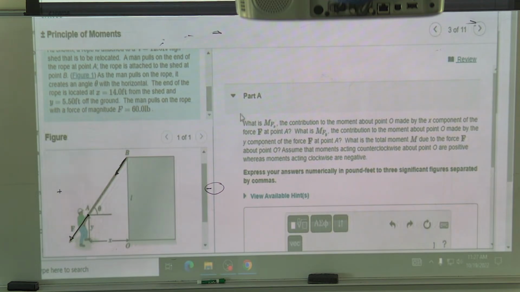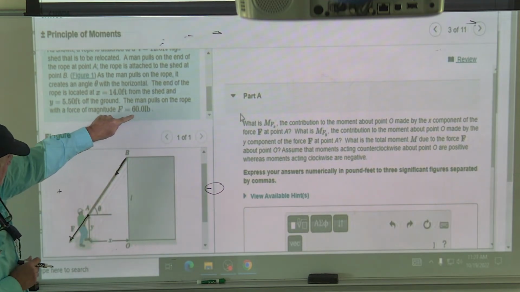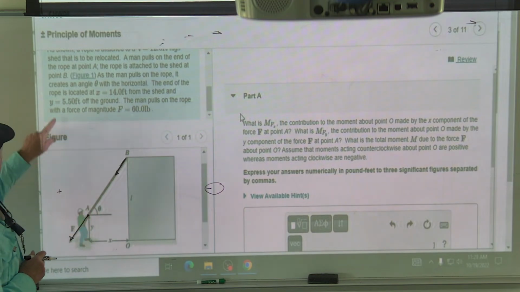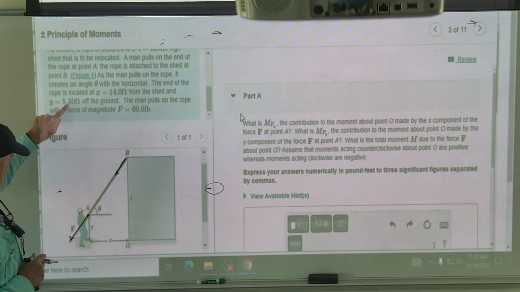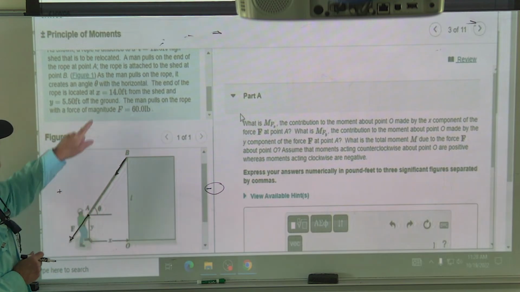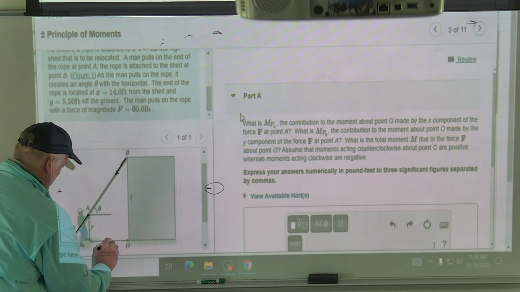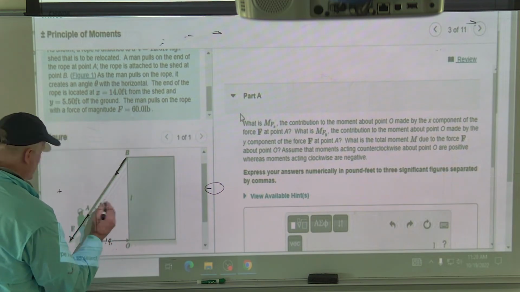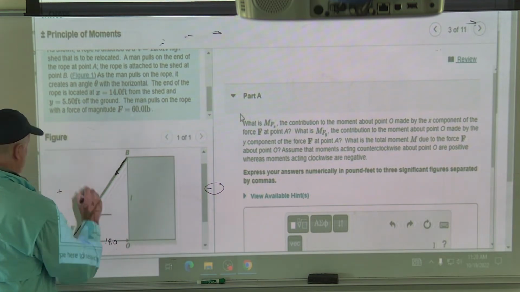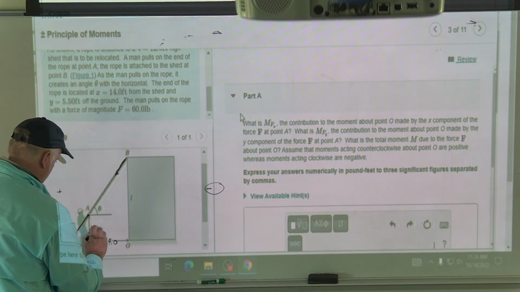Okay, so it's 60 pounds. This distance is off the ground by 5.5. This distance is over to the left 14. So this is 14.0. And this, for some reason, is 5.5.